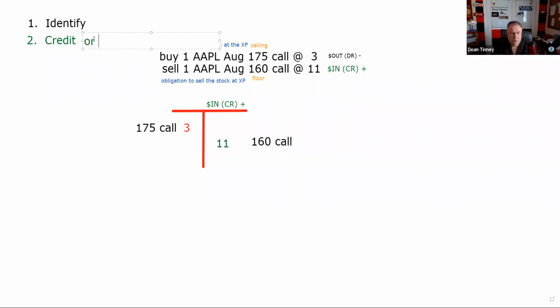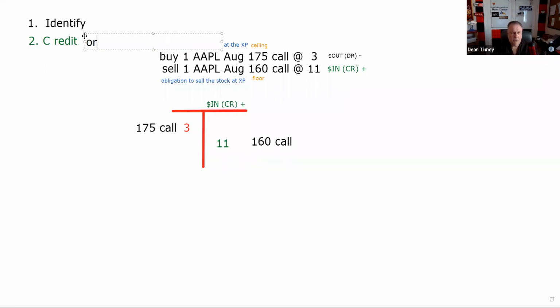And so do you recall how we determine whether it is a credit or a debit spread? Now that's going to be important, because if we get this piece of the analysis right, man, we can rock and roll.